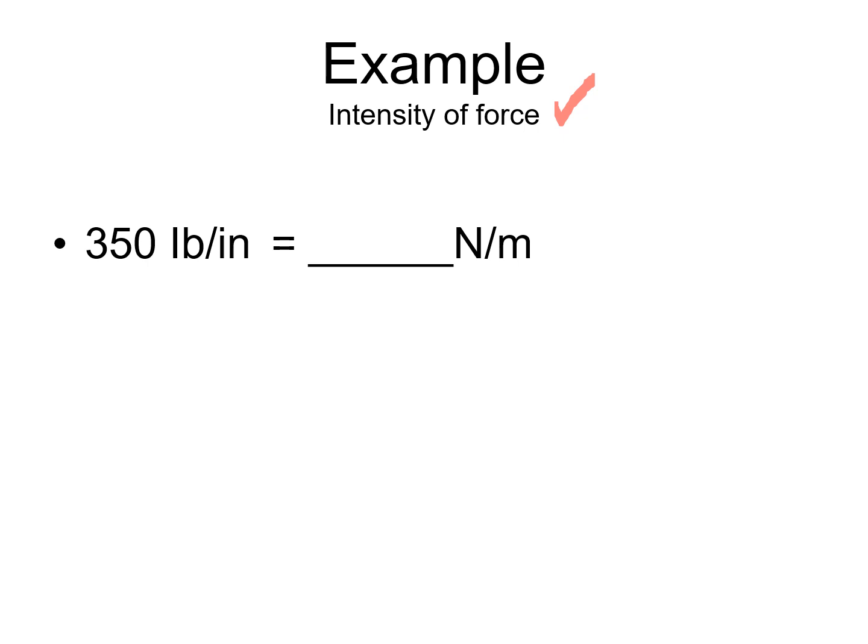My suggestion is that if you want to convert from one unit to another, the best thing is you have to have the feeling. You have to have the feeling here. If you do not understand this unit here, which is intensity of force, then it is meaningless to convert it.